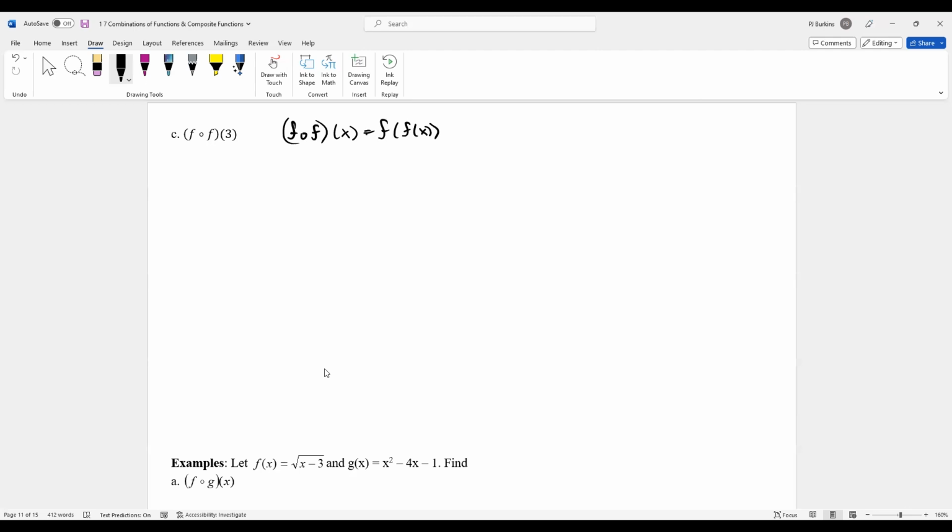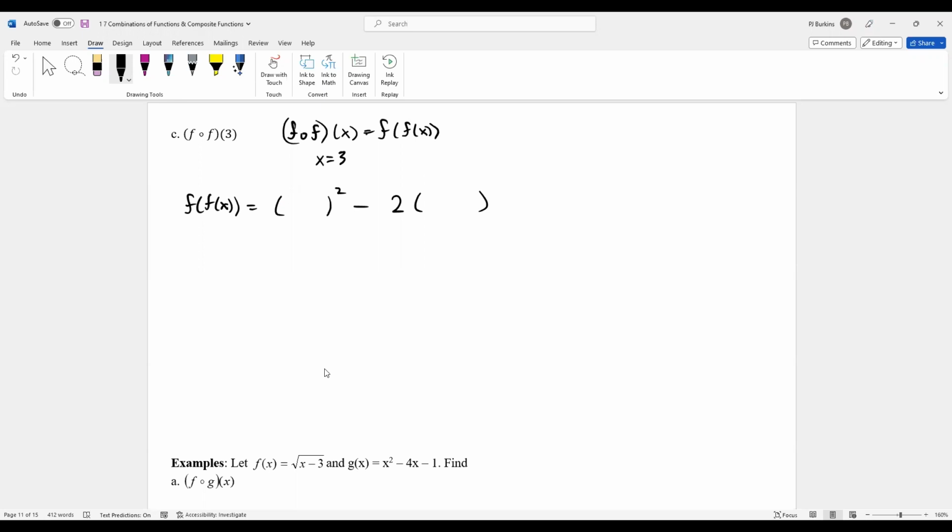And then when we're done, for x, we're going to let it equal 3. Okay? So f of x. Well, the function f of x is x squared minus 2 times x.